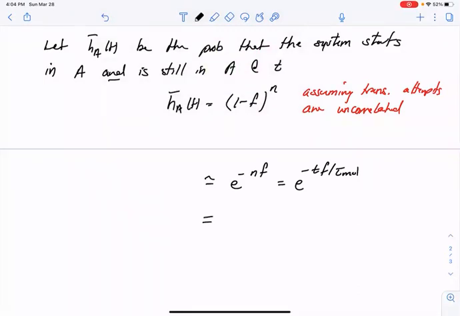which we can use to define a phenomenological rate constant, k AB.